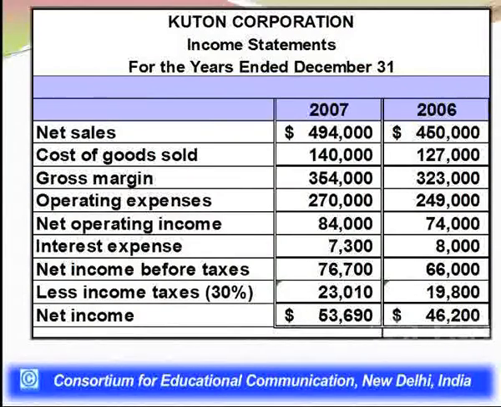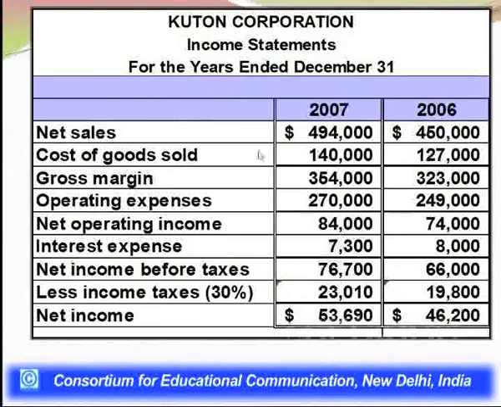The income statement for this company is for the year ending 31st December 2006 and 2007, as is clear on the slide. The first row is showing the net sales, and net sales for 2006 was 450,000, and for 2007 it is 494,000.